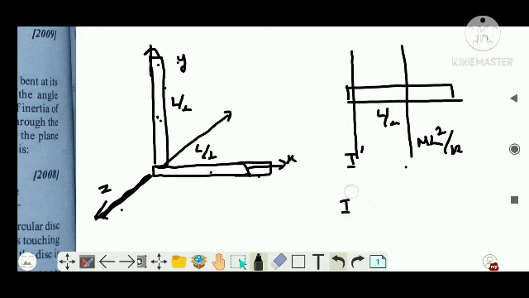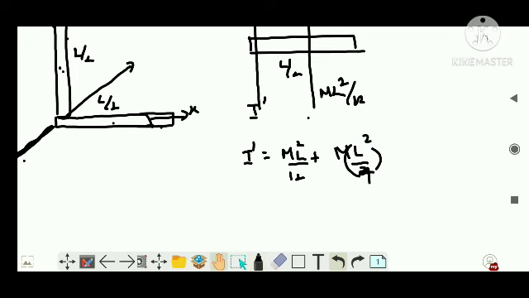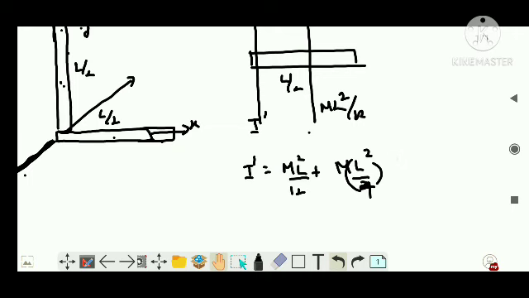So I dash is equal to the known moment of inertia ml squared by 12 plus m into L by 2 whole squared, or ml squared by 4. So you can just calculate it, into 3, so the denominator becomes 12, so it is 3 plus 1, then you will get the answer as ml squared by 3.